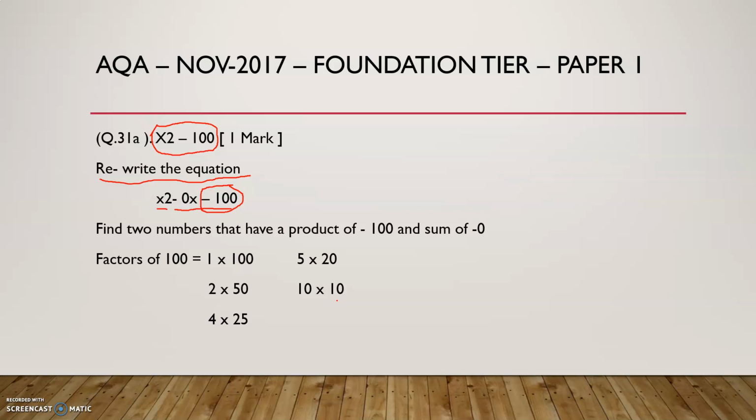Now we need to look for two numbers that are going to give me a product of minus 100, and a sum of 0. So only if we multiply 10 with 10, which will give me 100, and if we subtract from each other, we can get 0.